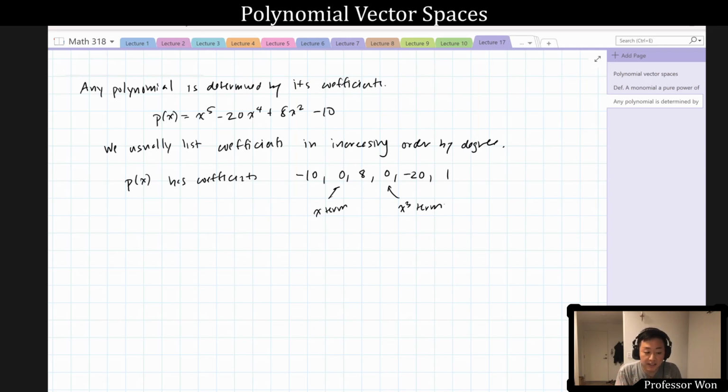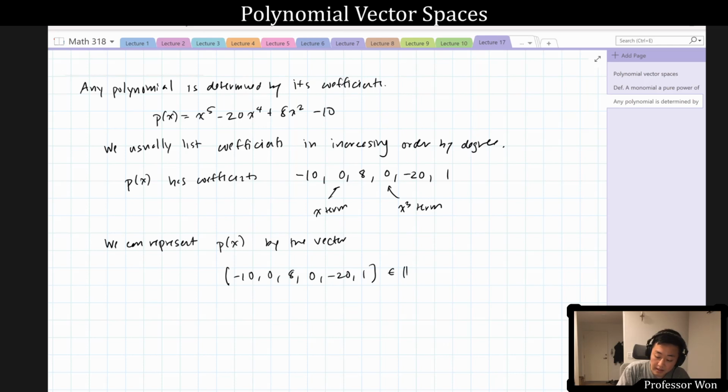So I can think of these coefficients as a vector, right? So we can represent our p of x by the vector -10, 0, 8, 0, -20, 1 in R6. If I gave you this vector, you would know exactly what degree 5 polynomial I was talking about, right?